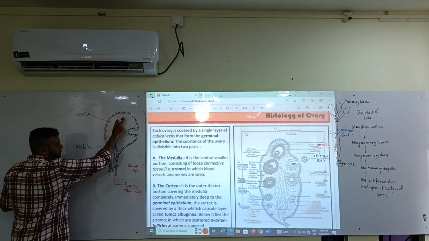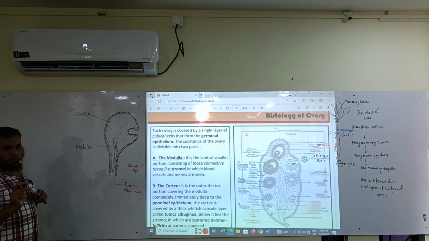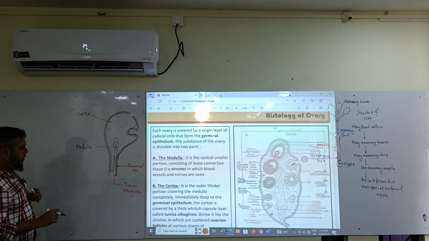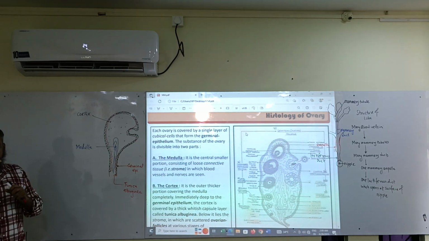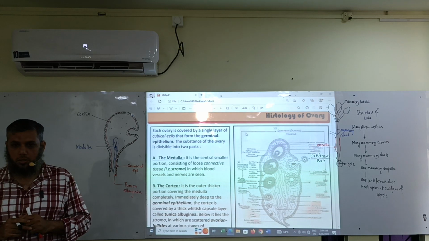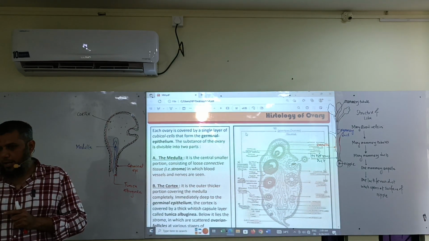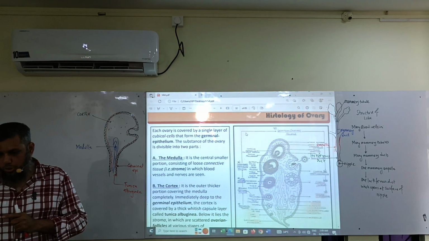And within the cortex, there are two important things taking place. One is called folliculogenesis, and the other is called oogenesis.